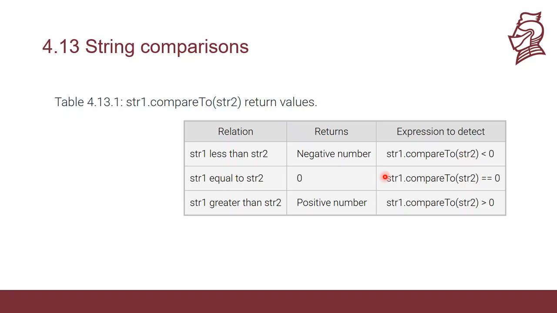If they're equal, this will return a zero, and if one is greater, it'll return a value greater than zero. So you can check if string1.compareTo(string2) is greater than zero, and that means string one is greater than string two, comes after it alphabetically. So compareTo works that way in any class that implements the Comparable interface, and you'll learn about that later.